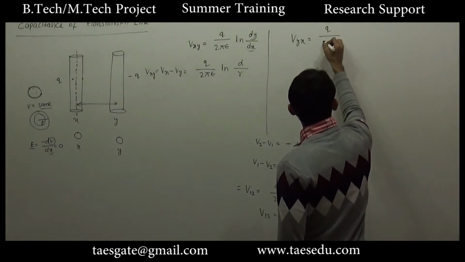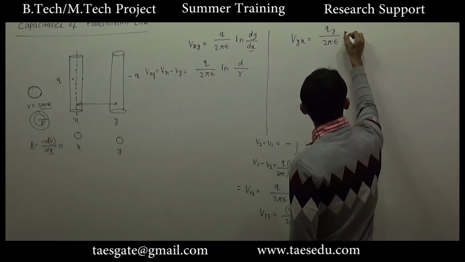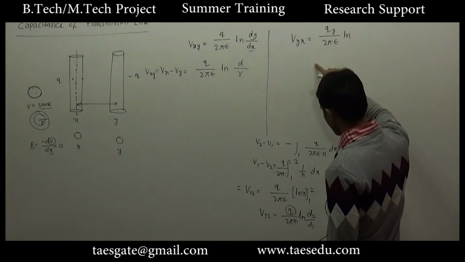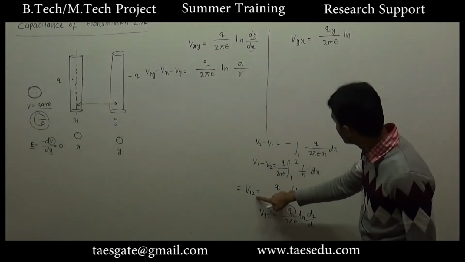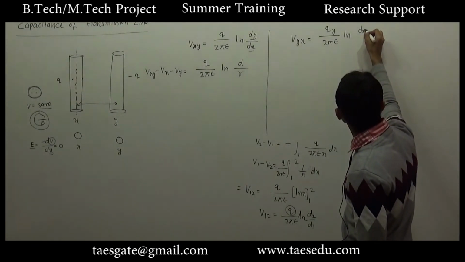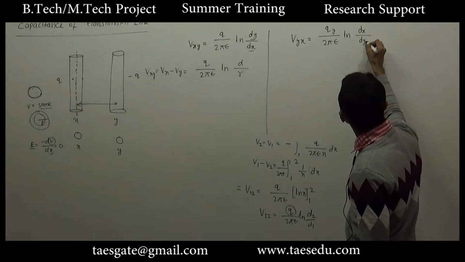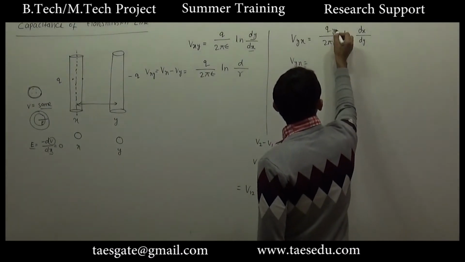Charge on conductor Y divided by 2 pi epsilon ln d2 divided by d1. So in place of 2 we have x here, the distance of conductor X from Y, divided by dy.